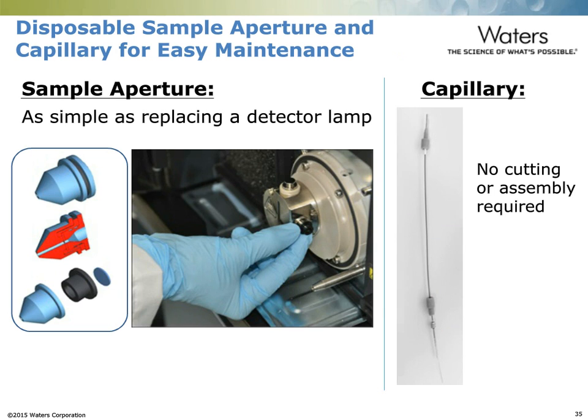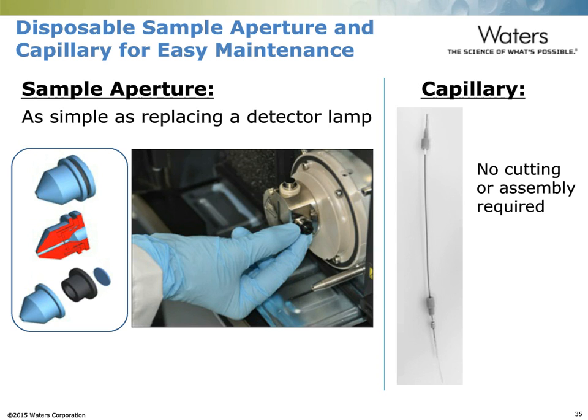I mentioned previously maintenance is quite simple, so there are really only two different aspects of the instrument that are meant to be maintained by a user. The first is the sample aperture, which, if you're familiar with mass spectrometry, would be analogous to a sample cone. That's as simple to change as a detector lamp.